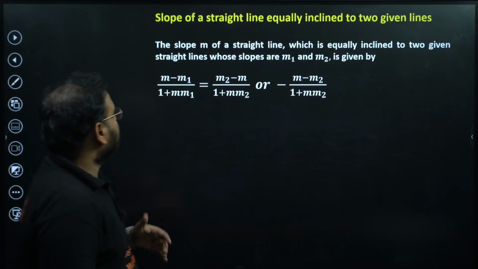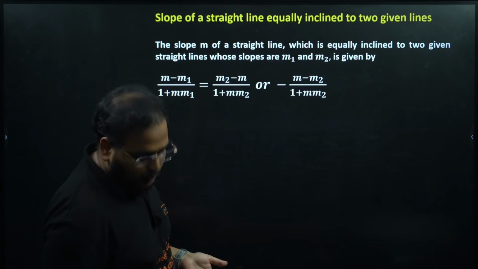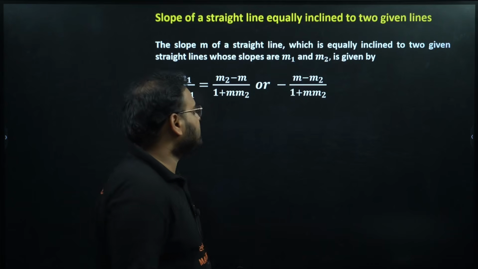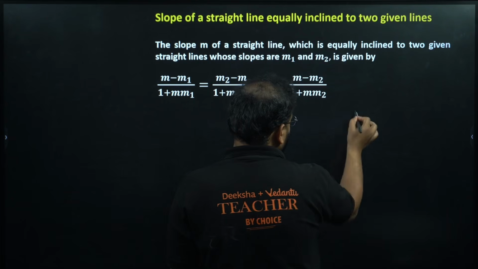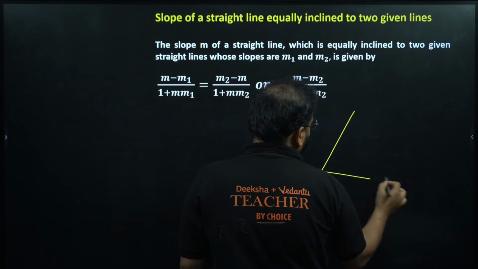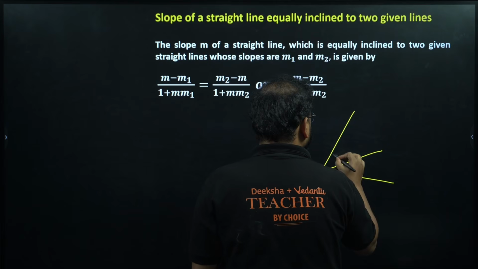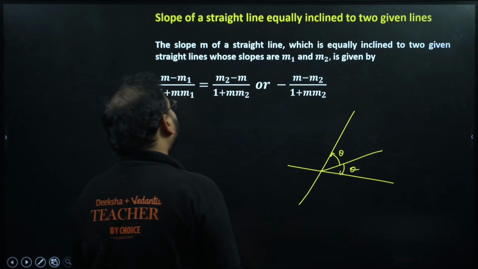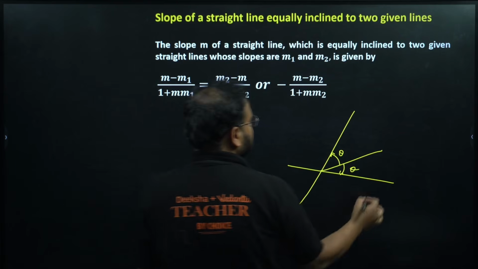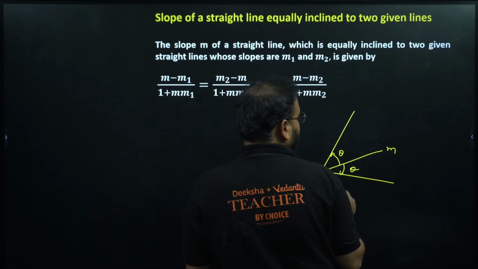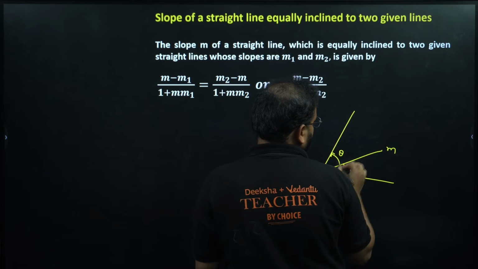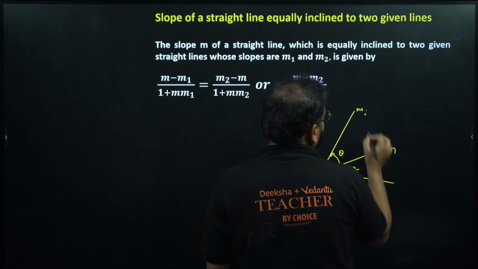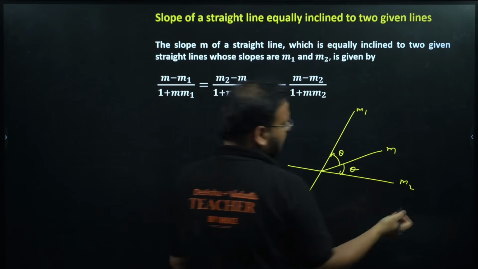Slope of a straight line equally inclined to two given lines. Basically, let's say these two lines are given, and this is a line which is equally inclined to both these lines. This angle is equal. In that case, this line's slope is m, and the given lines have slopes m1 and m2, because any line will have its own slope.